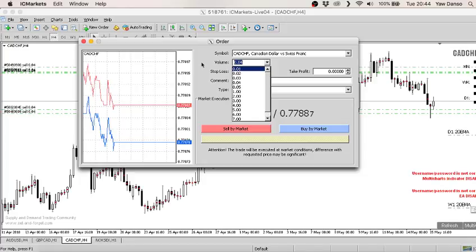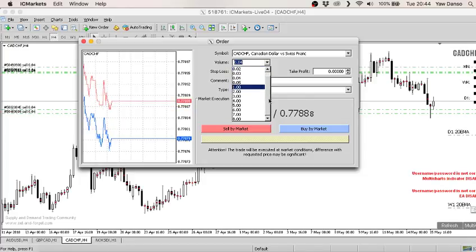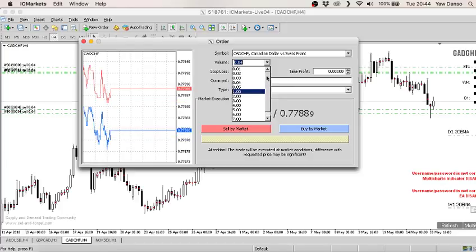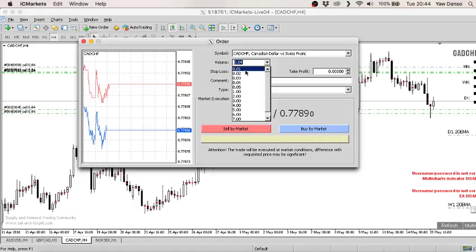Similarly, if you want to buy this pair, you have to specify how many, or the quantity, you want to buy. So that's where lot comes in. So you want to buy 1 lot, 2 lots, 3 lots. It all depends on the account size, but for now, just know that lot is the quantity that you buy for every pair. We'll get into the lots in more detail later.